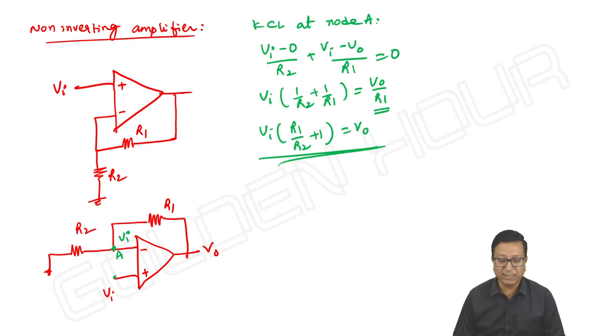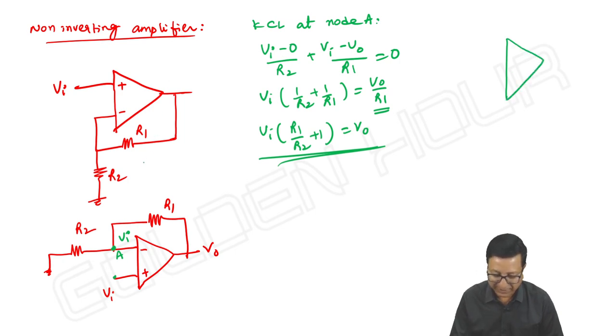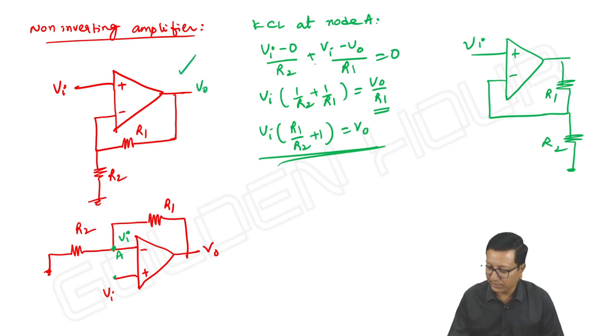Okay, but one thing we can say, the same circuit can be written like this anyway. Plus, minus, R1, R2, Vi. This one only, right? Nothing else.